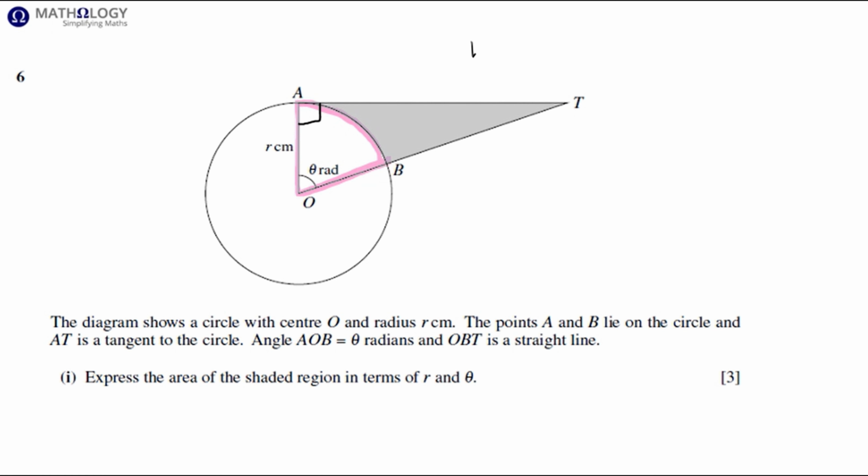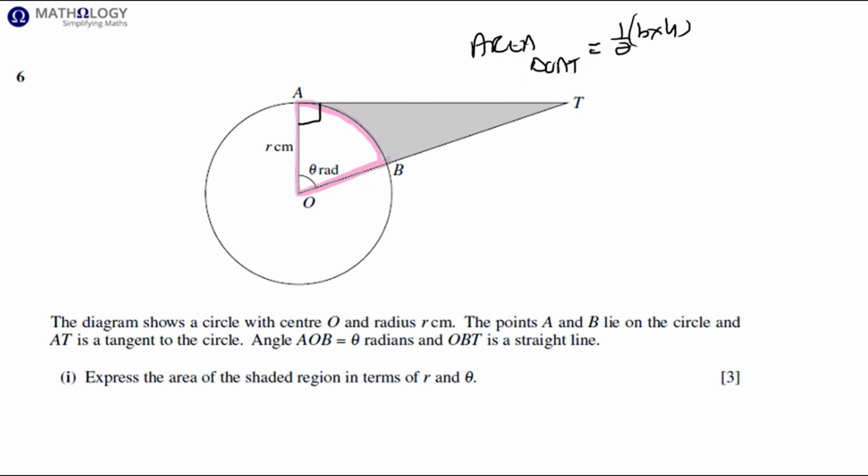So the area of a right angle triangle is a half base times height. So the base and the height are the radius and the length of the tangent respectively. It makes no difference which one is the base, which one is the height. The fact is the base and the height are perpendicular to each other, so the two sides we require are the radius and the length of tangent AT.